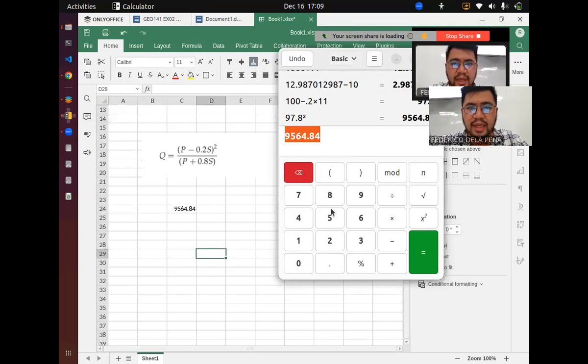Then for our denominator, we have 100 plus 0.8 times 11, that's 108.8.